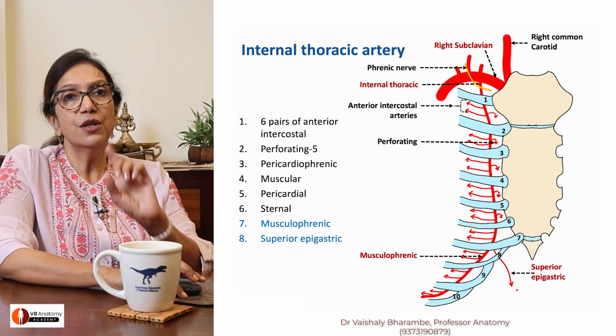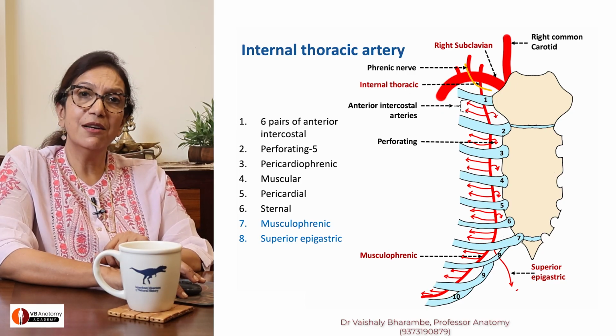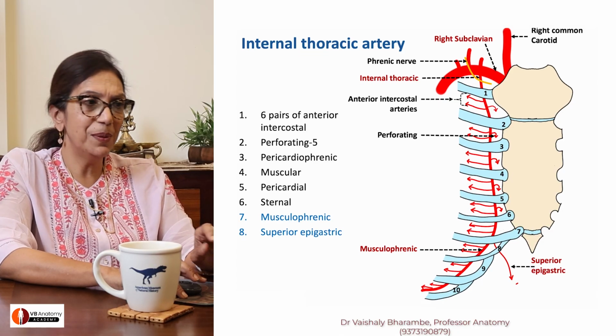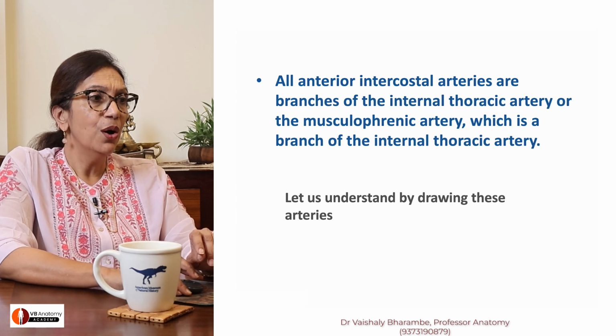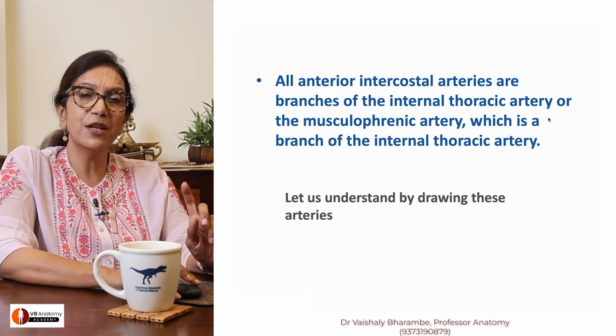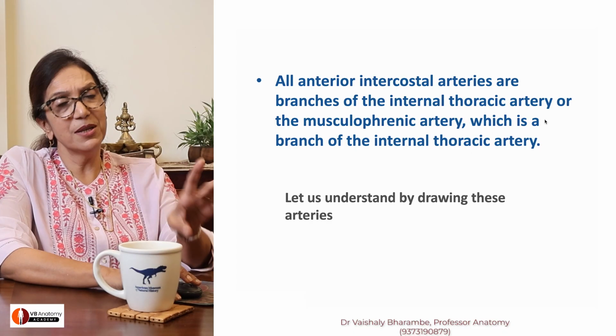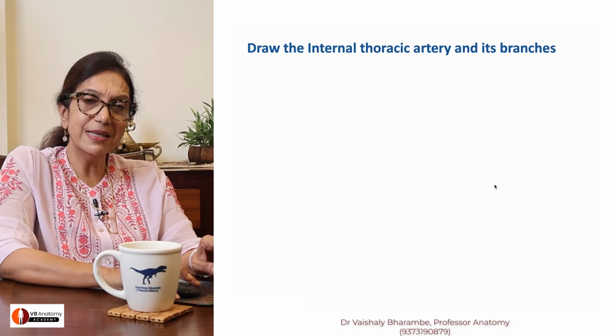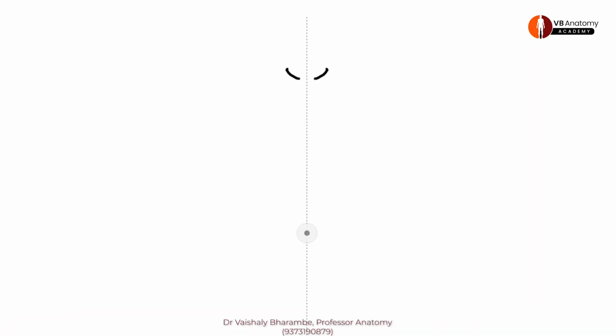My suggestion is draw it with me to understand it well. It's a very simple diagram and it's going to stay with you for good. So please attempt to draw it with me. All anterior intercostal arteries are branches of internal thoracic or musculophrenic. So let's draw this. Let's first draw the sternum here.